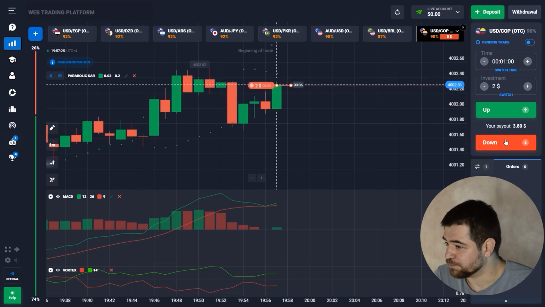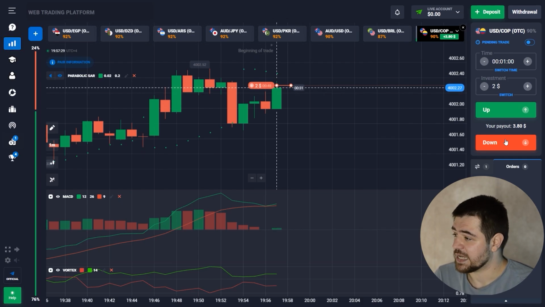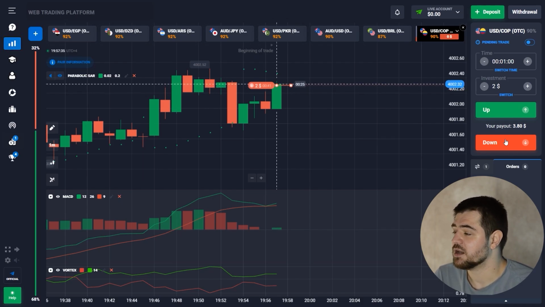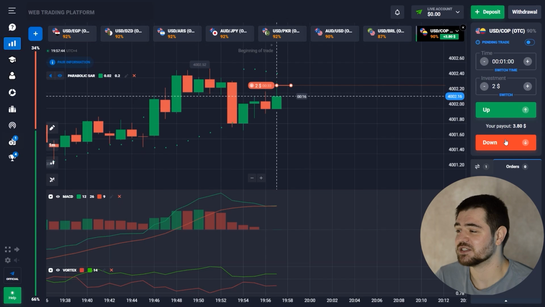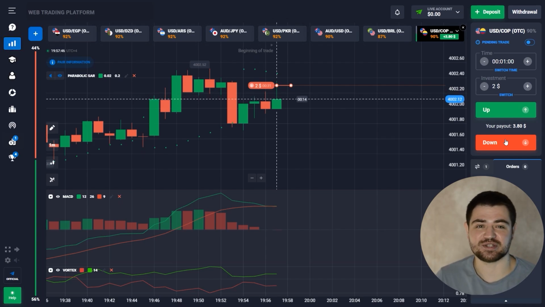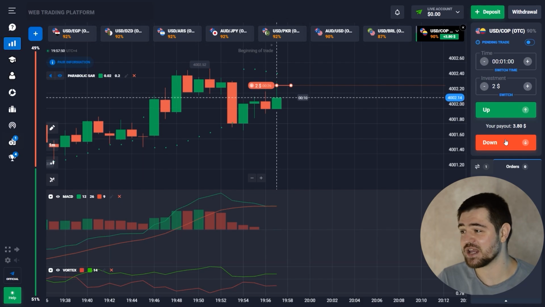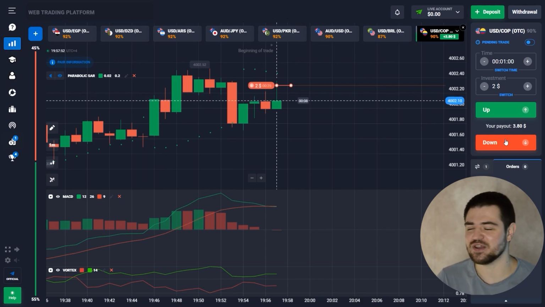MACD is going down, so that's one thing, and also we are working from the resistance levels, so this is a good point to make a short. So this is exactly what we did. This is the thinking behind the decision, and let's wait for the result and continue.